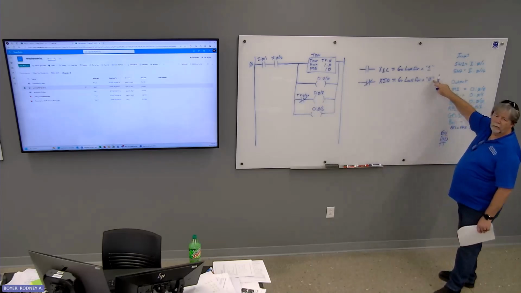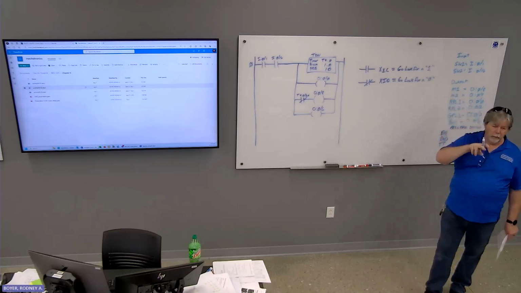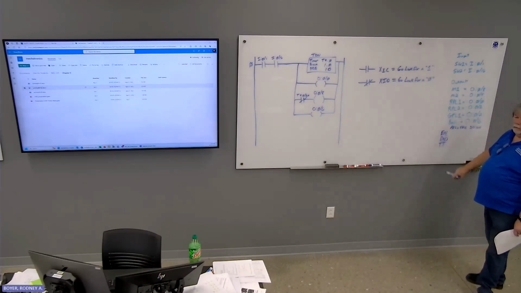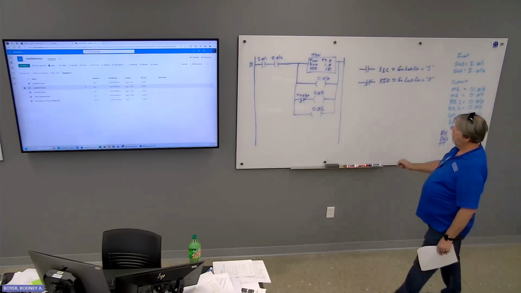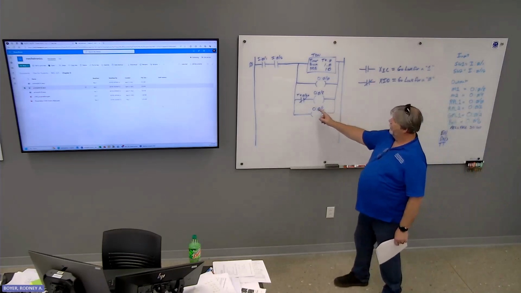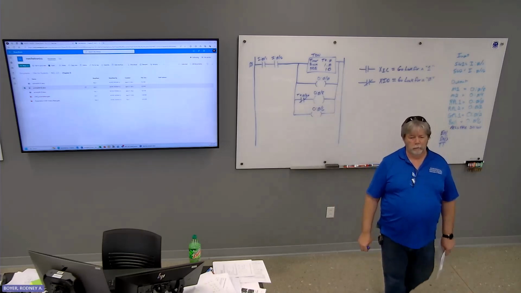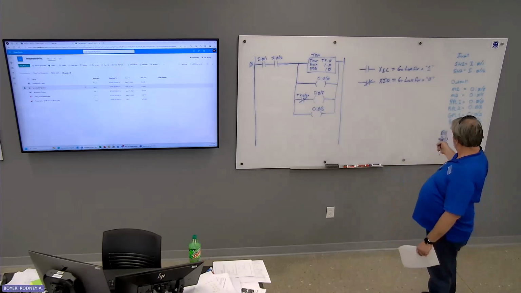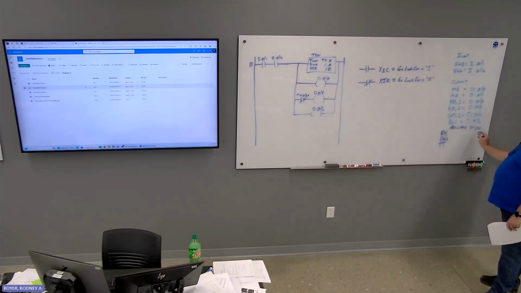XIO, go look for a zero. Until accumulated equals preset, this done bit is going to be a zero. So go look for a zero, find a zero, true, motor runs. Okay? Accumulated equals preset, the done bit's going to set.